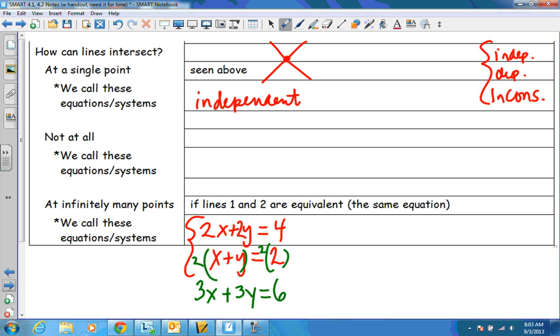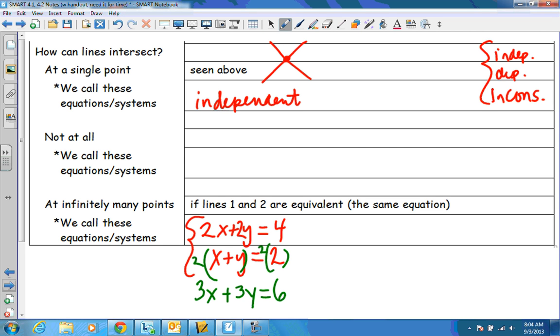Yes, if you solve for y, you'd have exactly the same thing. But do you see how you're just multiplying or dividing by a constant? If I took this and multiplied by 3, would I be here? Yeah. Same line. Okay? If I took this and divided by 3 on both sides, would I be back to there?